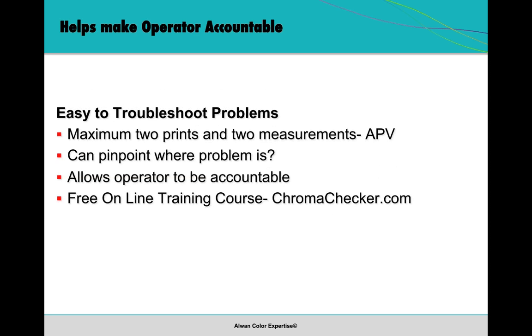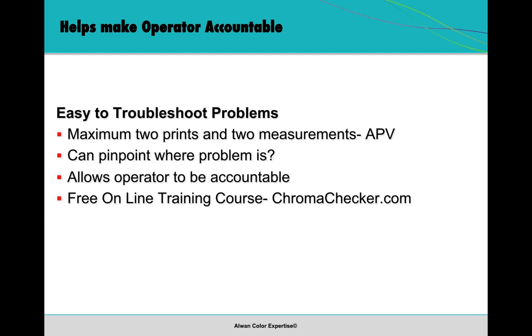And for digital press operators, I've actually got a training program online which walks the operator through a maximum of 2 prints and 2 measurements using Alwan Print Verifier, and it will pinpoint where the problem is. Is the problem in the physical file that they were given? Is the problem in the mechanics or the calibration of the output device?